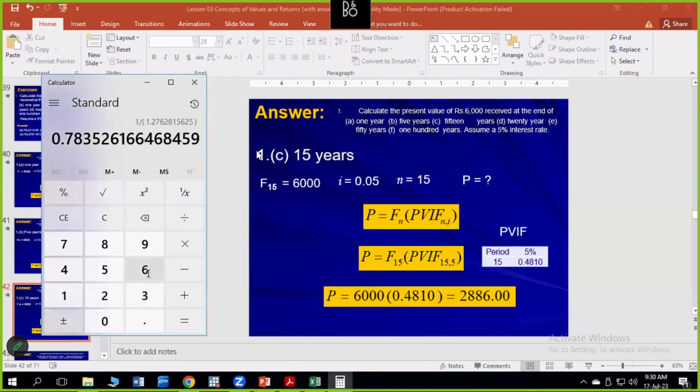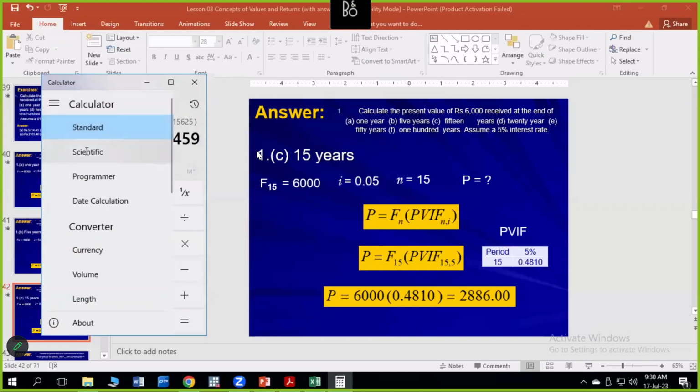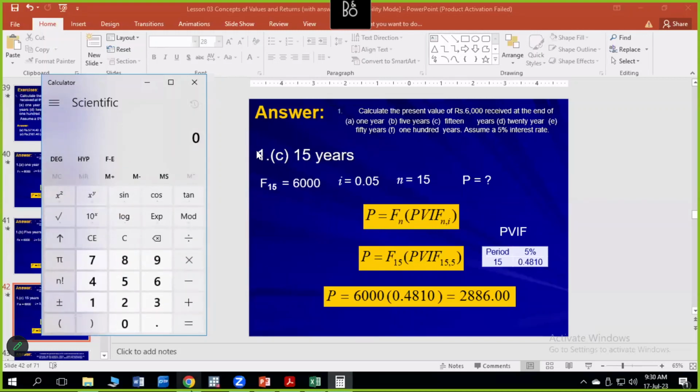If you go to a scientific calculator, 1.05 to the power 15, you get this value.